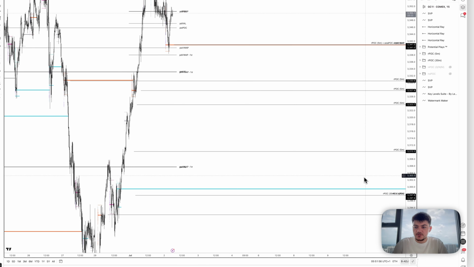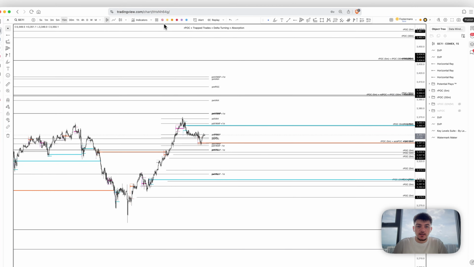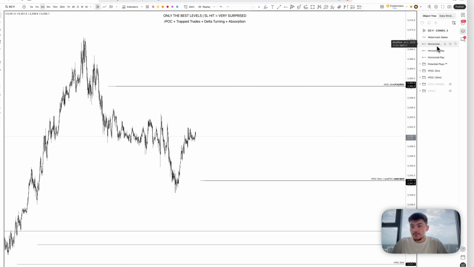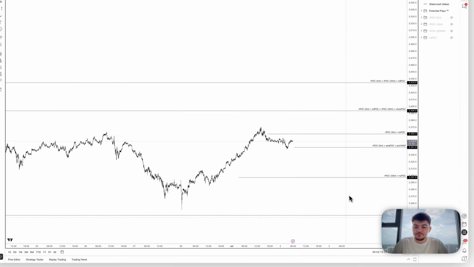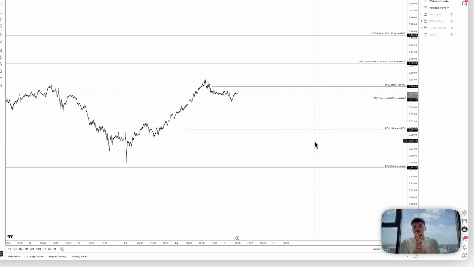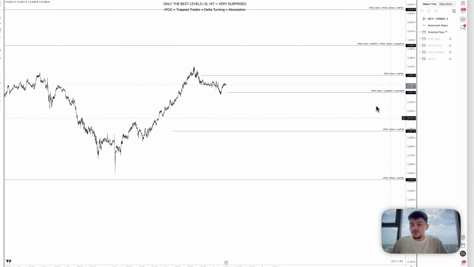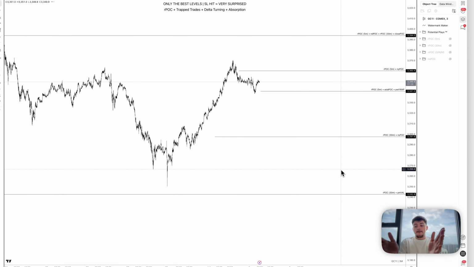So this is why you have to double check, make sure you got all the right levels. Okay, so let's take all this off. And let's get these into the potential play folder. And let's just quickly run over the levels, okay? So screenshot that, add it to your chart. We got 34346, 33940 psychological, 33604, 33410 psychological, 32976, and 32428. That's going to be the levels for today.